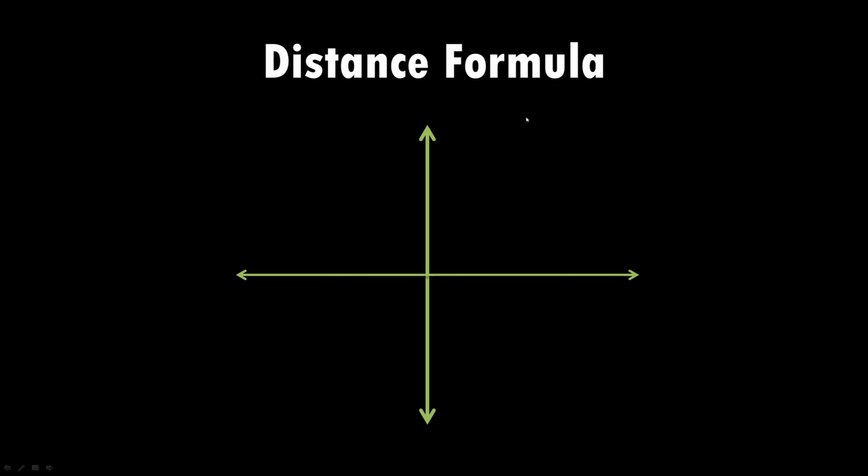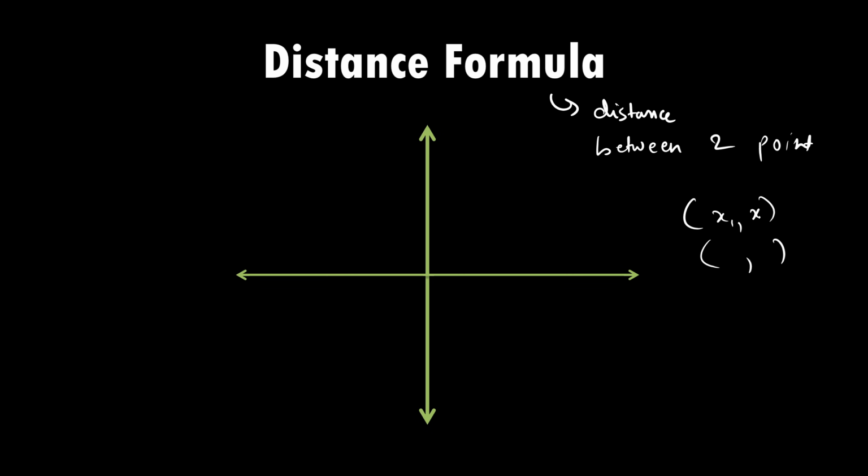Now we are going to see distance formula. So in distance formula, we find the distance between 2 points. So first we are going to see it graphically, and then we can also do it without any graph, using only the coordinates that we are given. So let us see this first graphically. So let me just put my points.